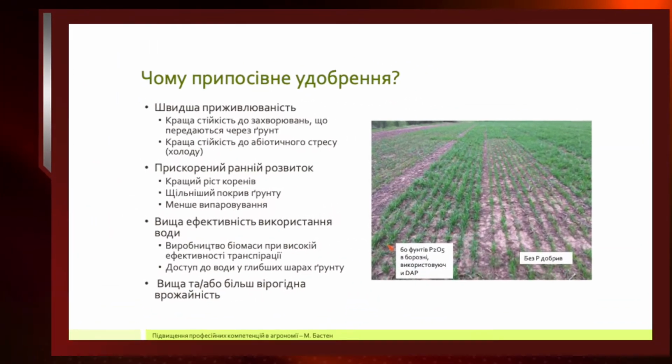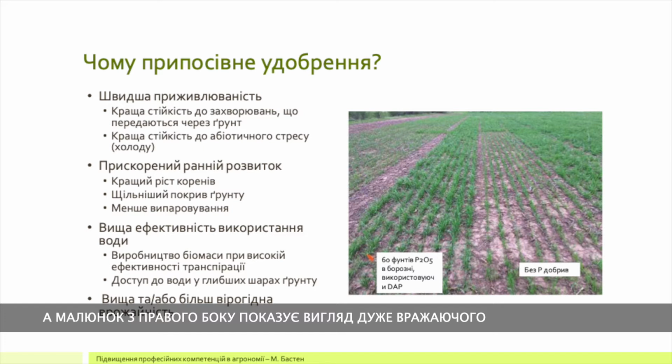And the picture on the right-hand side shows you a very impressive effect of in-furrow, meaning pop-up starter fertilizer, SDAP, compared to no starter fertilizer or no P fertilizer into the seed bed.